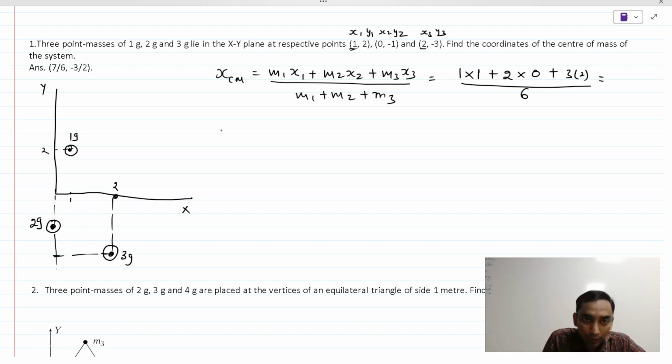Let's solve this. xcm is equal to 1 plus 0 plus 6, that is 7, so 7 by 6 is the x coordinate in centimeters.